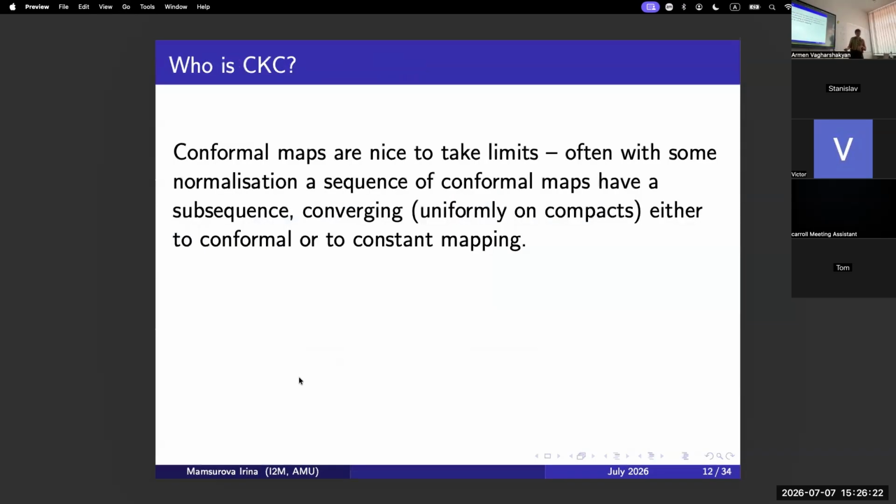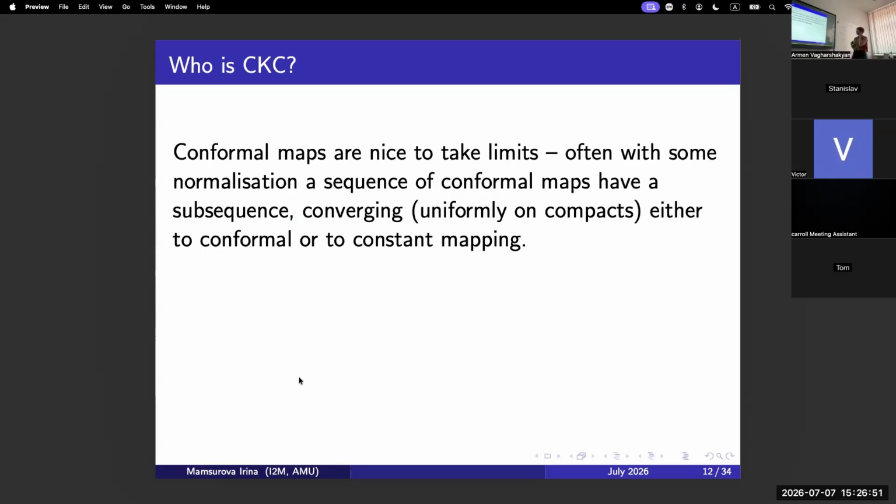Okay, so I will say a bit about the Carathéodory kernel convergence theorem in the normal setting, not applied to this problem. Sometimes, and even usually, conformal maps are extremely nice for taking limits.